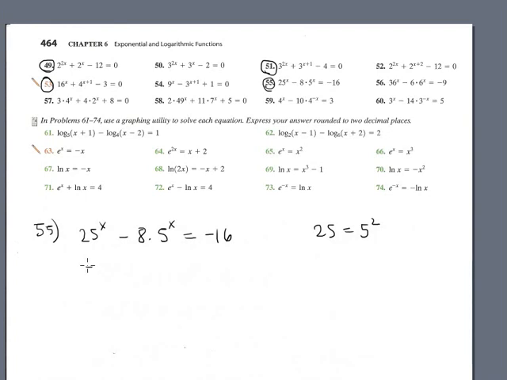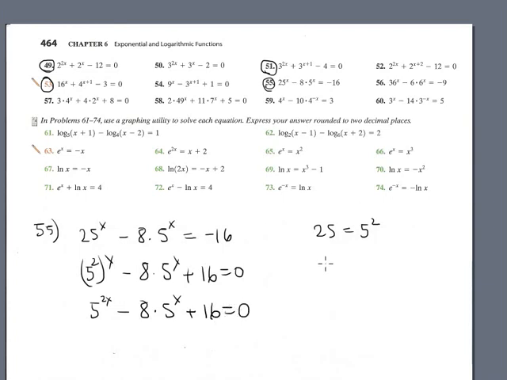So we have 5 to the second power raised to the x minus 8 times 5 to the x plus 16 equal to 0. This is 5 raised to the 2x minus 8 times 5 to the x plus 16 equal to 0. And u is equal to 5 to the x, so u squared minus 8u plus 16 equal to 0.